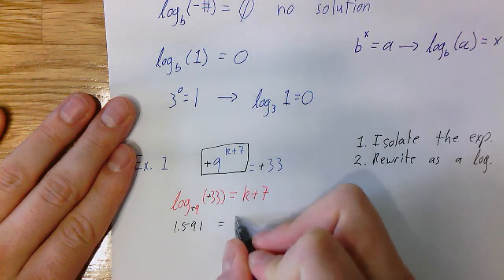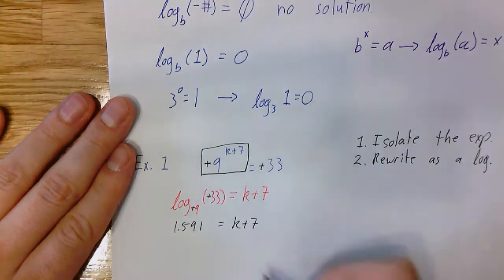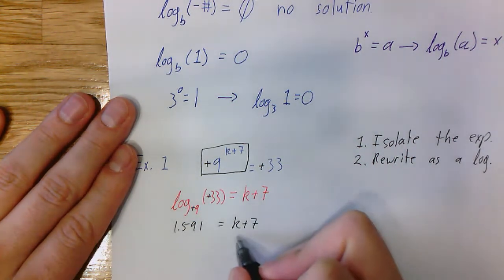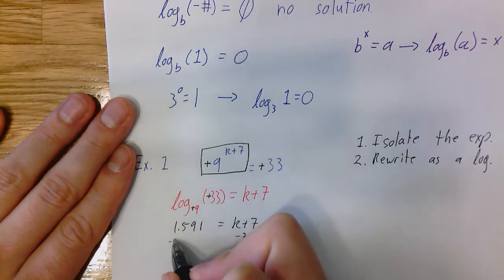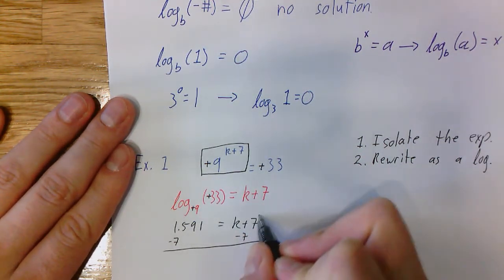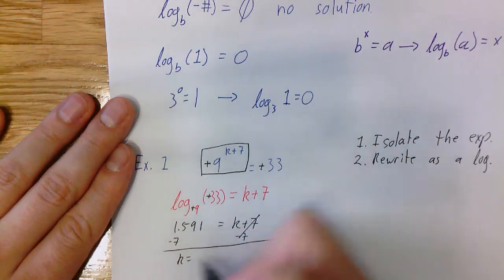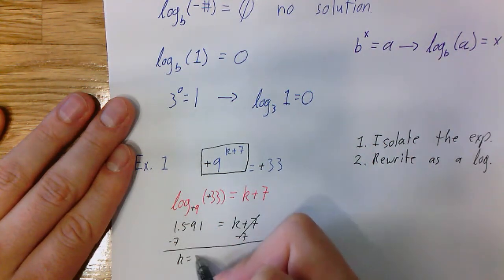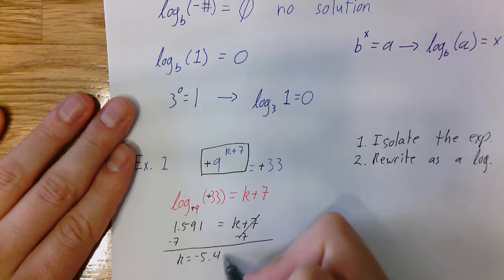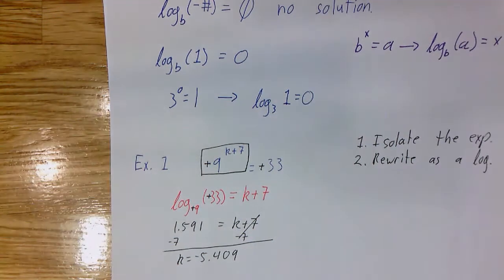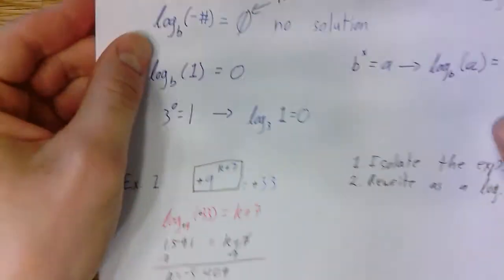Okay, that equals k plus 7, and then to get k, we just subtract 7. So minus 7, minus 7, there we go. K equals negative 5.409.